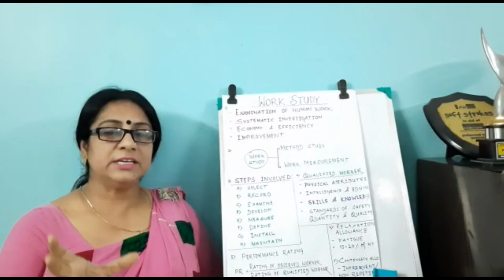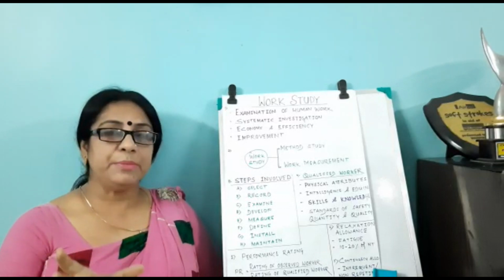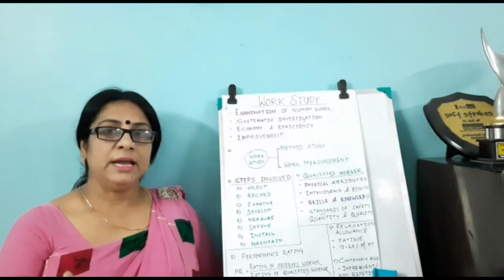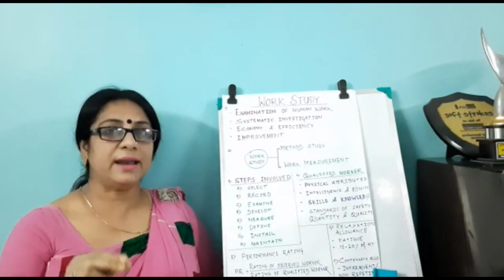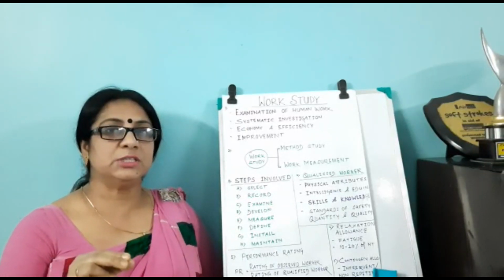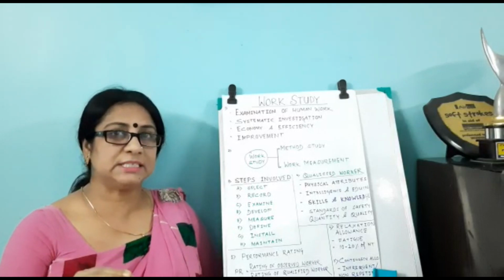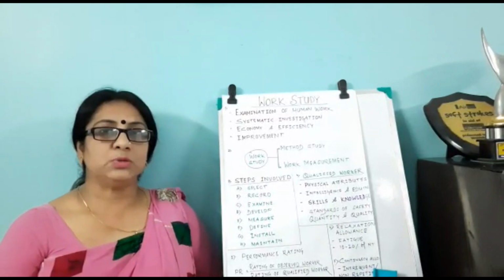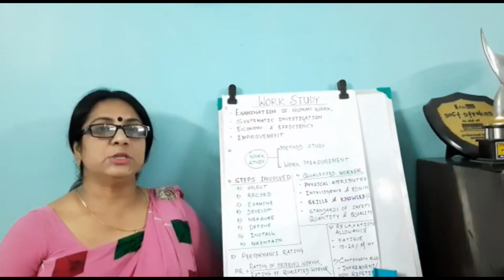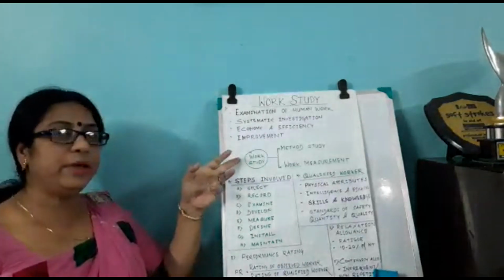So here the industrial engineer examines human work in order to investigate which factors can be acted upon so as to improve the efficiency of the production system under study. Now, work study has two parts. One is called method study and the second is called work measurement, as you can see from here.